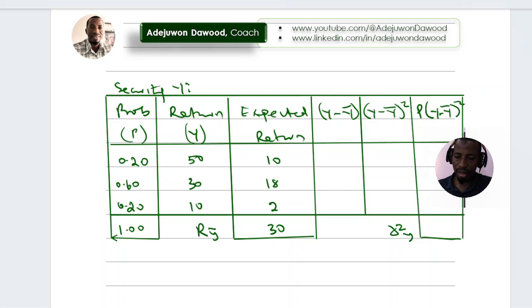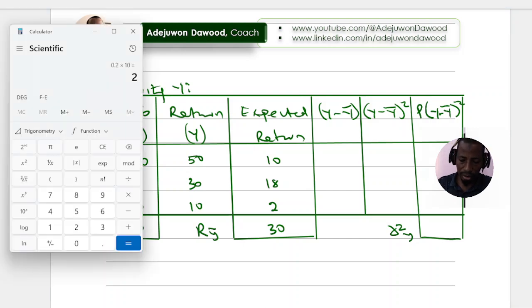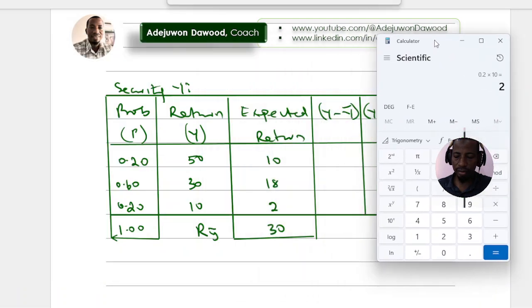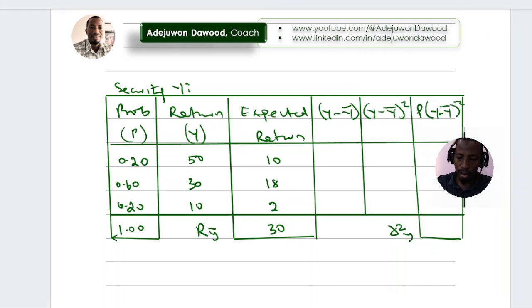So let's calculate variance. To get the variance, I will pick the probability of the first one, which is 0.2 multiplied by Y minus Y bar. Y bar is 30. Y is 50.